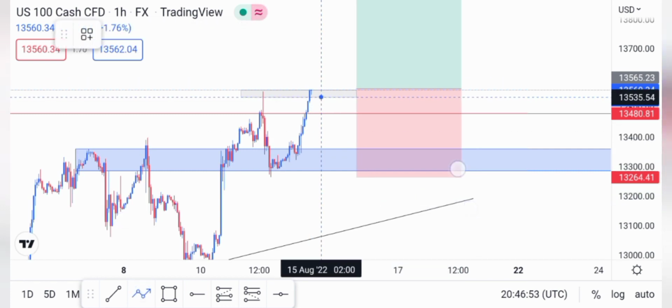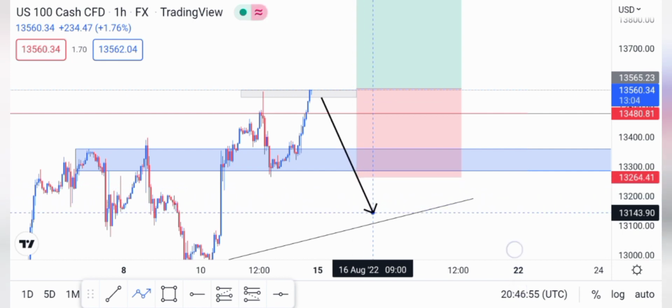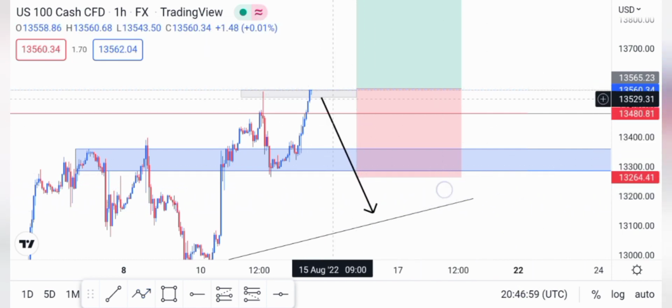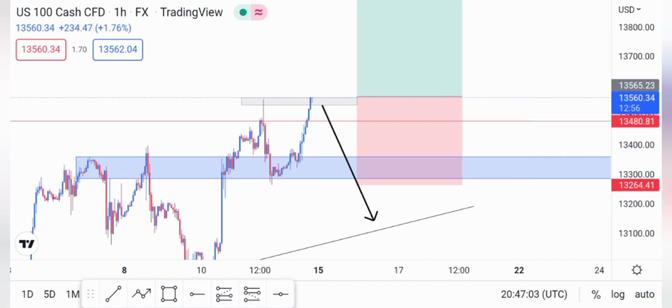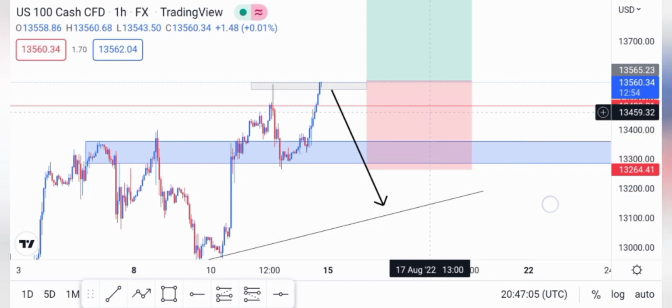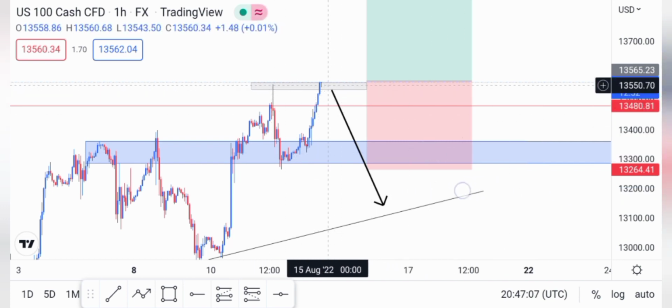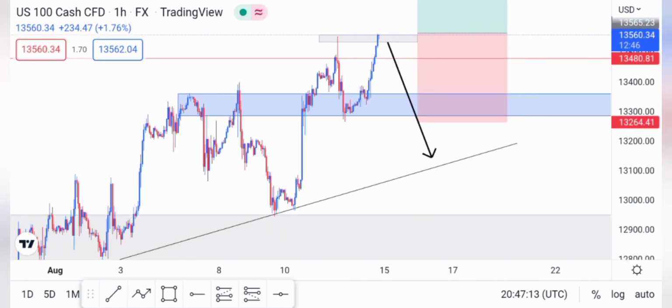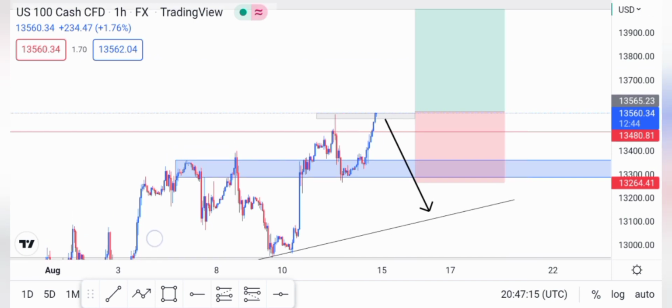There's a possibility that NAS100 pushes to the downward side only if it rejects this level over here. But if we see NAS100 passing this level, this means you're going to the upper side, because I'm seeing a little bit of double top formation right over here. That's why I'm a bit spooked. That will be all for NAS100.